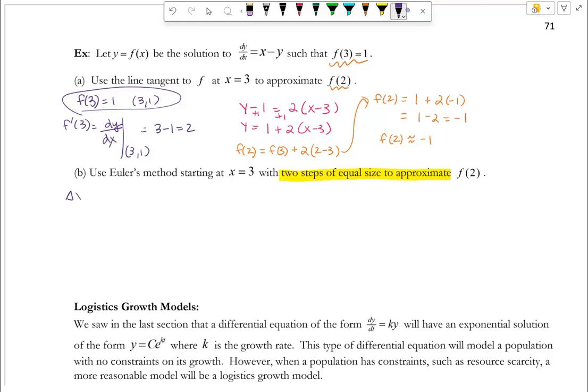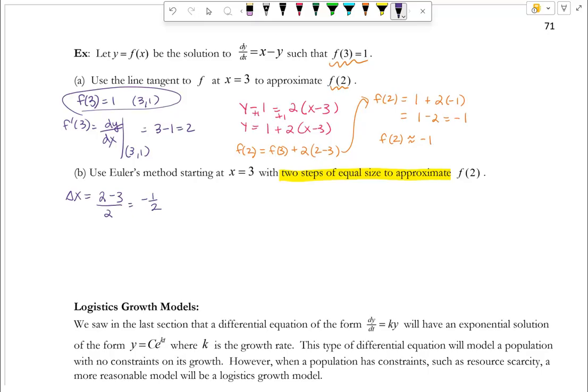My delta x is going to be my new x value minus my old x value. I could almost think of that as b minus a over the number of subintervals. We said we're using 2 steps, so I'm thinking of subintervals from the interval of 3 to 2. So divide by the number of steps, and we end up getting negative 1/2 as our delta x here.